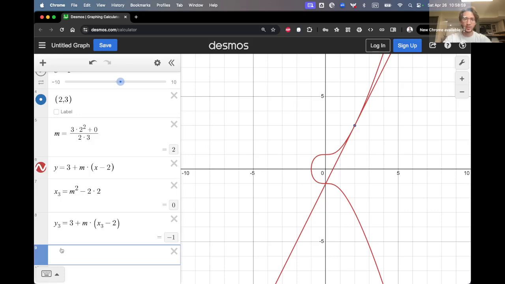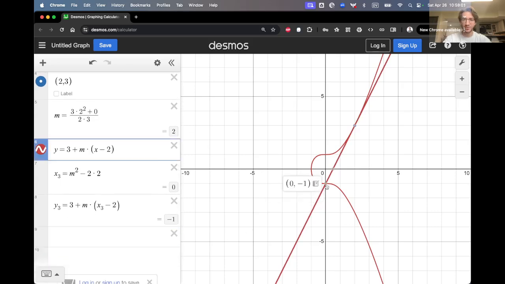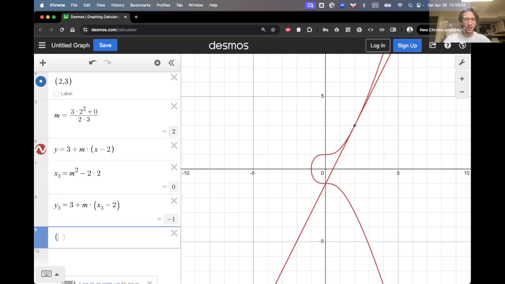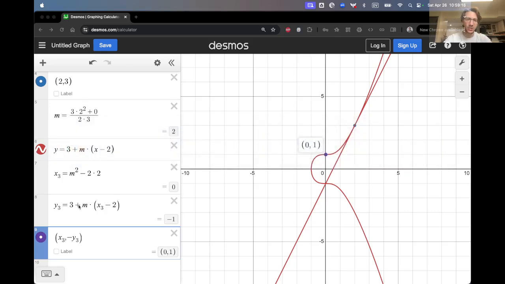So we get (0, negative 1). That verifies that point of intersection there. And then finally, I flip the y coordinate to get 2p, which is x3 comma minus y3. There is 2 times p. Okay, that's how we calculate that.